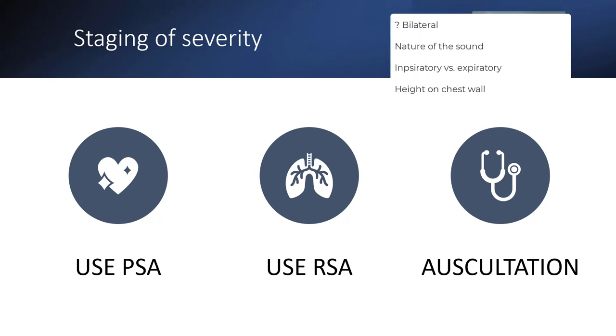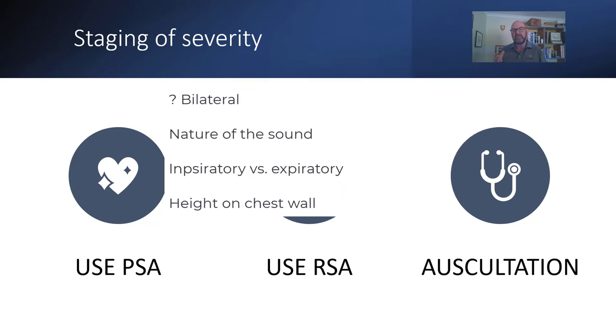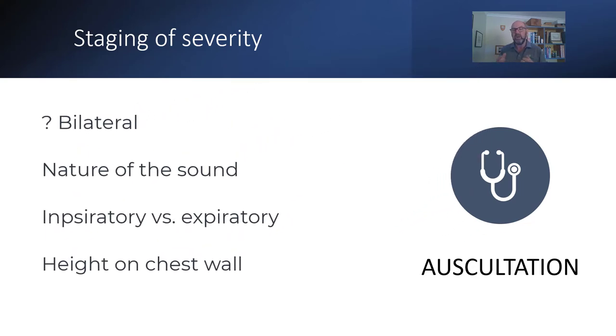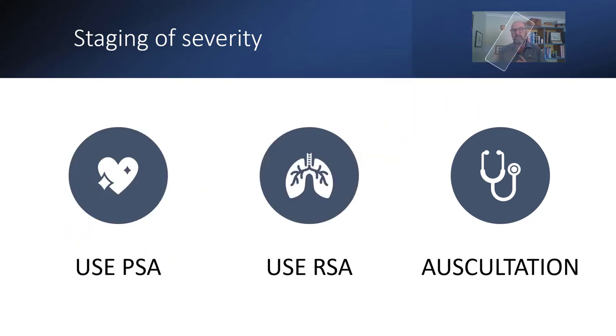Auscultation is a vital skill in recognizing the character of the respiratory sounds associated with these conditions. You should listen and record whether the sounds are bilateral, the respiratory phase they're occurring in, and the height on the chest wall that you're able to hear them.